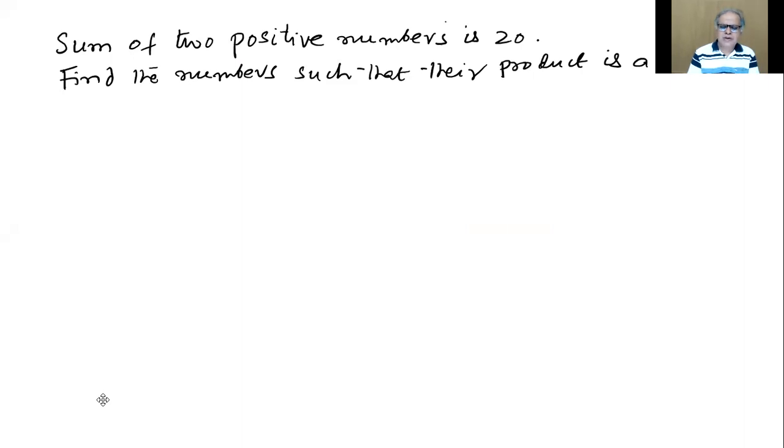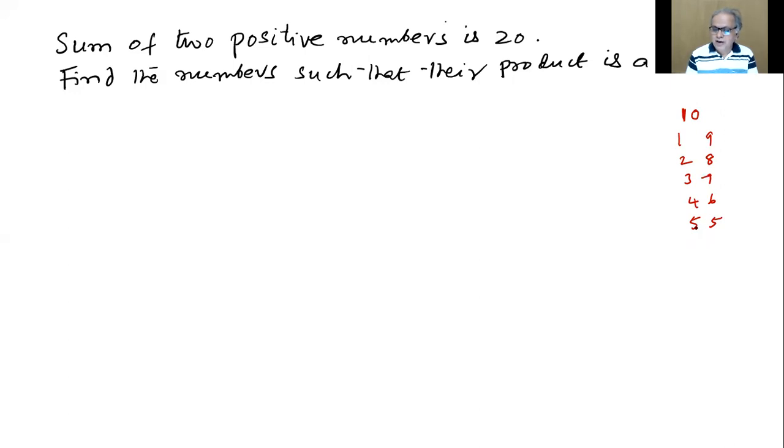Actually, this is a very simple thing. If I have a number called 10, I can divide that into two parts like 1, 9; 2, 8; 3, 7; 4, 6; 5, 5, isn't it?